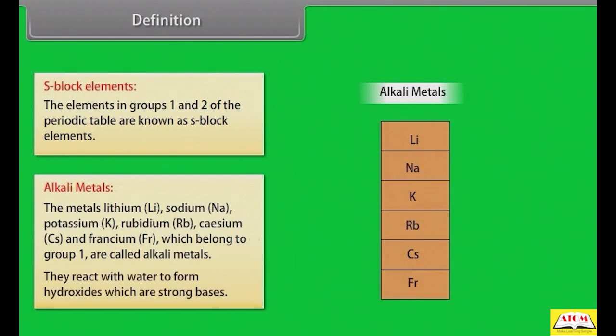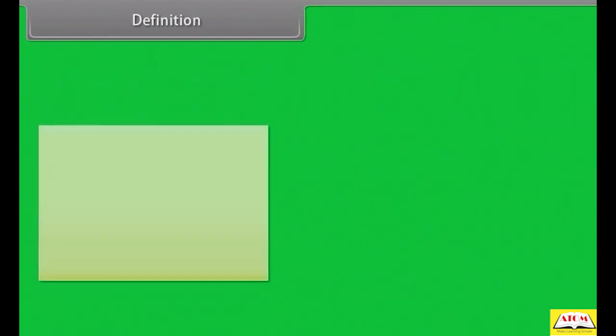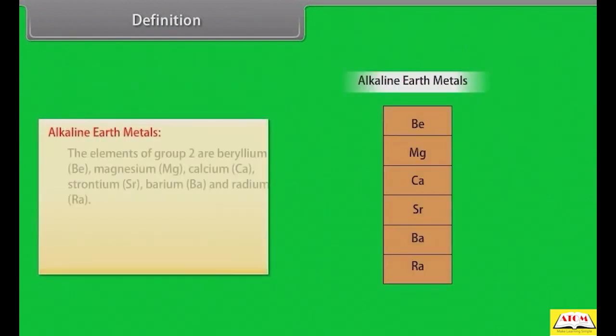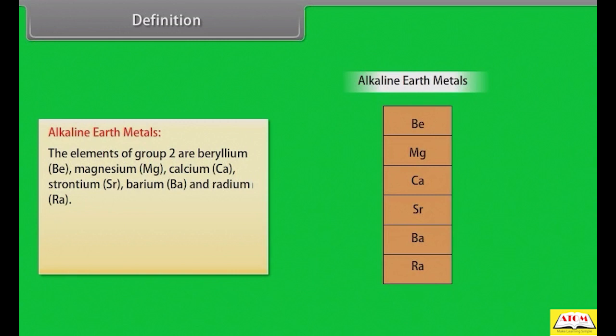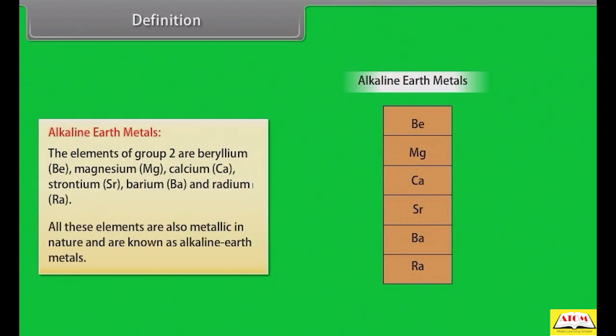They react with water to form hydroxides, which are strong bases. Alkaline earth metals. The elements of group 2 are beryllium, magnesium, calcium, strontium, barium and radium. All these elements are also metallic in nature and are known as alkaline earth metals.